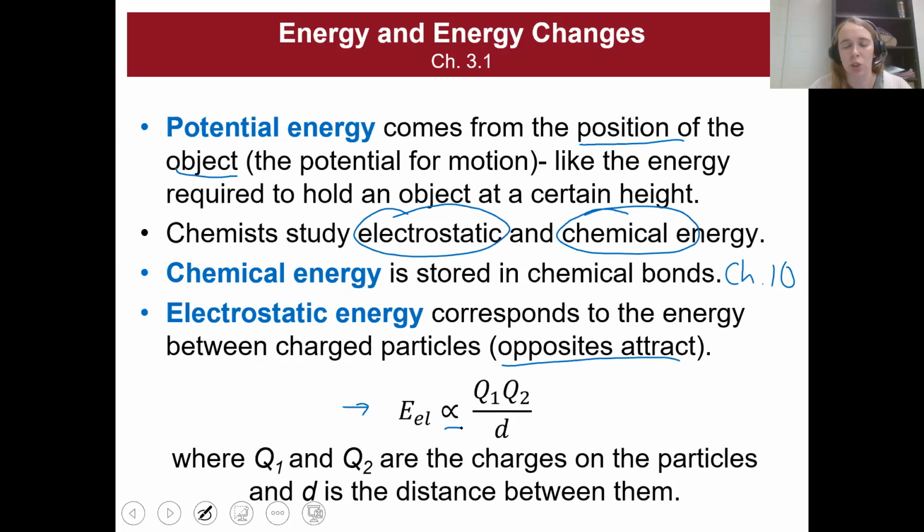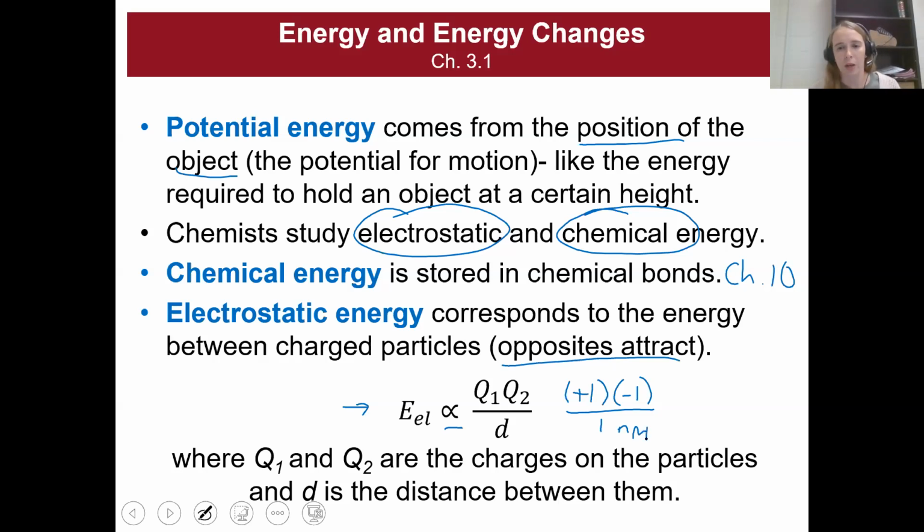So if we have a particle that has a +1 charge and a particle that has a -1 charge, and they're one distance unit away, depends what you're talking about, probably nanometers or picometers, because charged ions are really small.